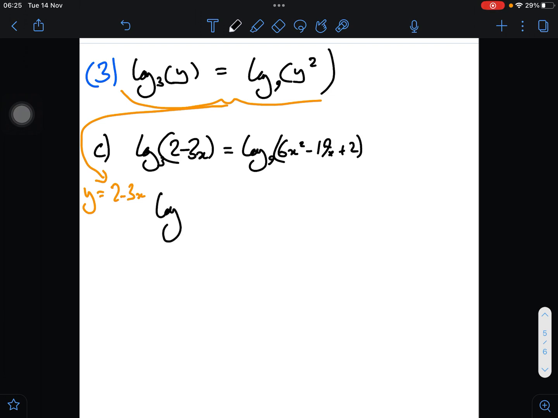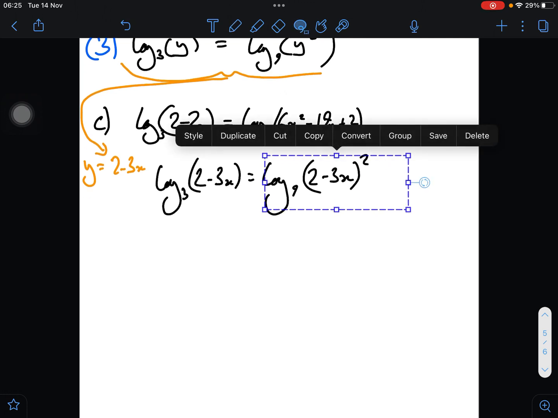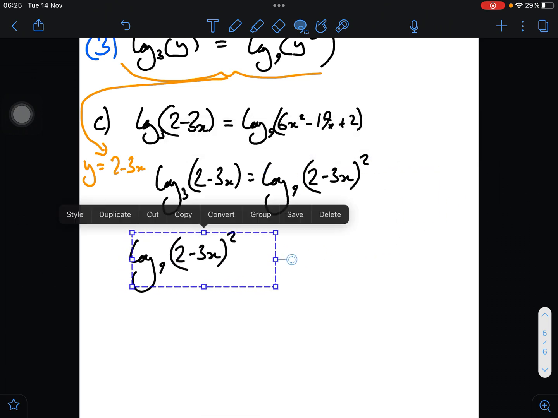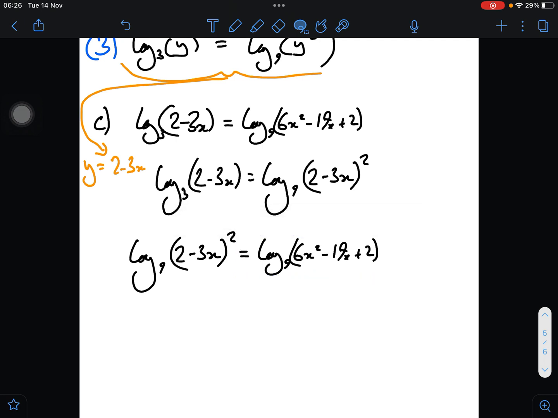So log 3 of 2 minus 3x is the same as log 9 of 2 minus 3x squared. And so that means that this is equal to our right-hand side.